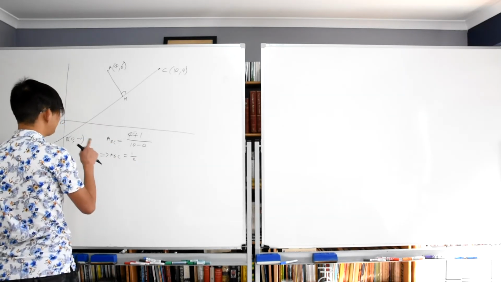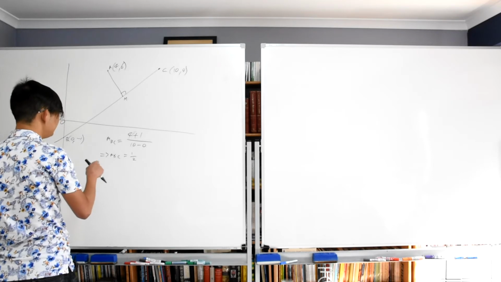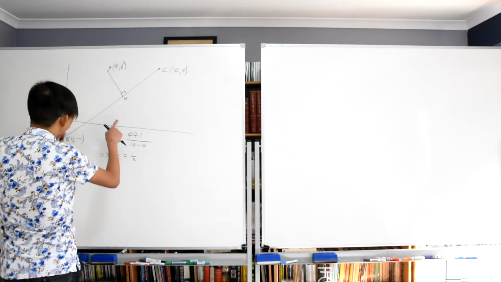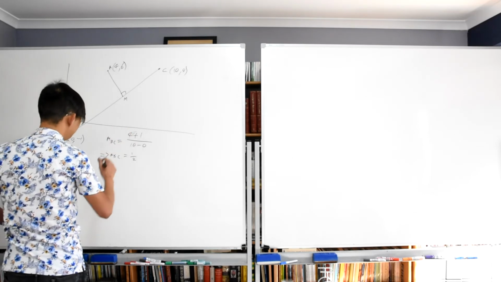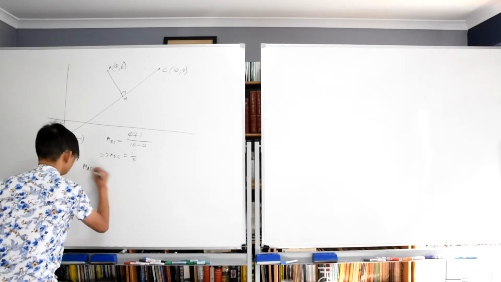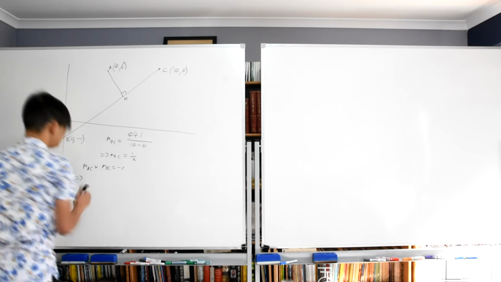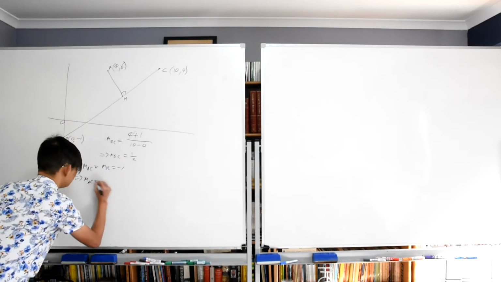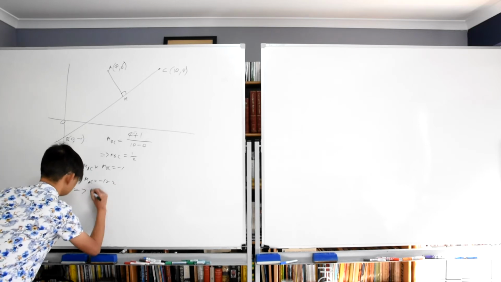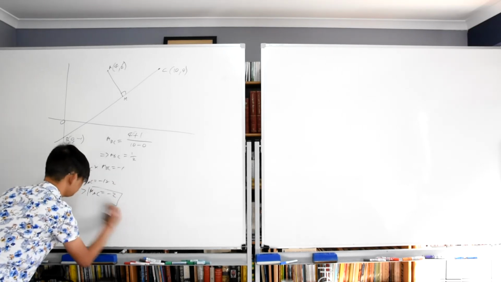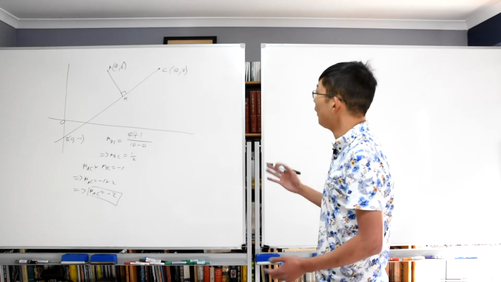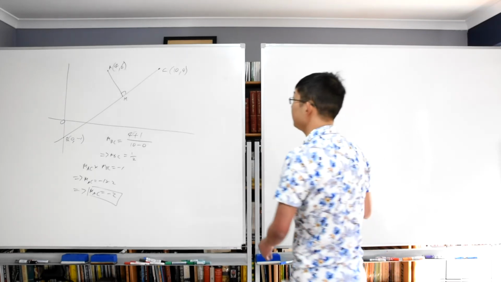But because the line AM is perpendicular to BC, the gradient of BC must multiply with the gradient of AM to become -1. In other words, but we know the gradient of BC, which is half. Because the line AM is a line, it must be in the form y equals mx plus c.